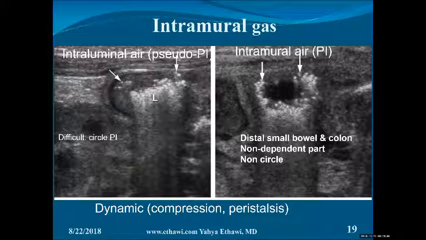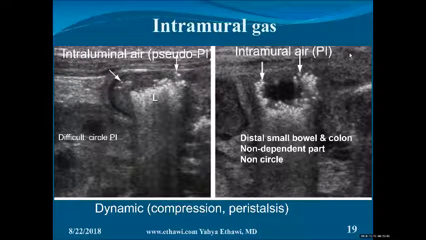Okay? So you can see here is non-circular. So if I check the left picture, we can see, as you said, the comet tail is going down.